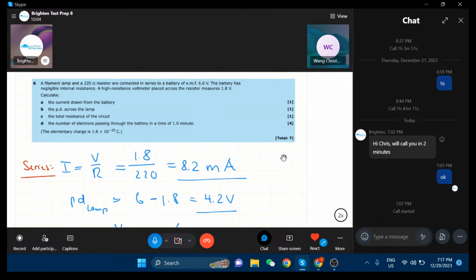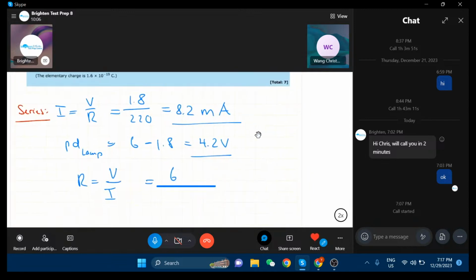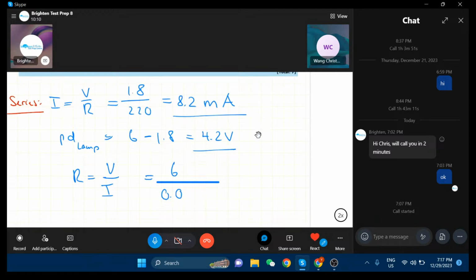Yep, exactly. And the I is then, well, I write it down, 0.082, or of course we can write it as times 10 to the power of minus 3. Doesn't matter. Okay, that gives us around 730 ohms.